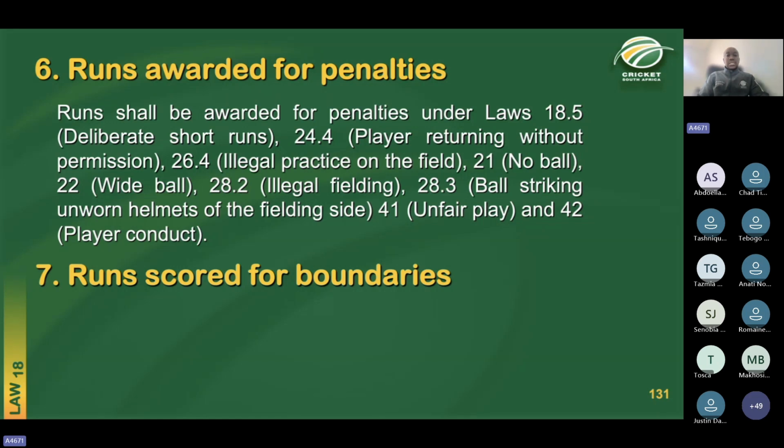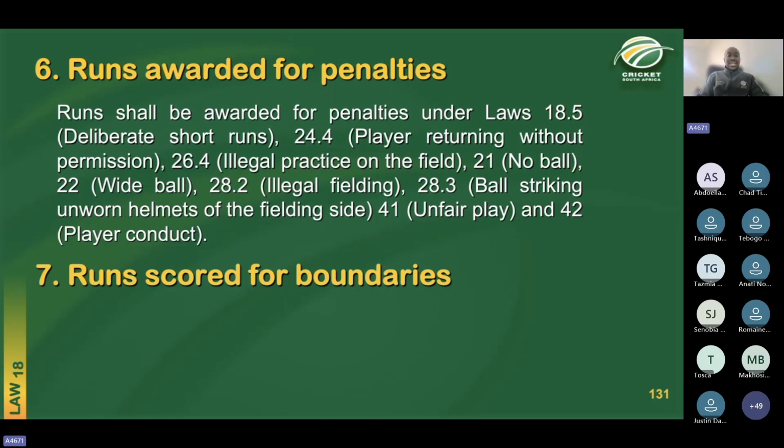If there's an instance of illegal fielding, which is covered in law 26.4, there will be 5 penalty runs awarded to the batting side. No balls and wides are also considered penalty runs. Those are only 1 penalty run each.